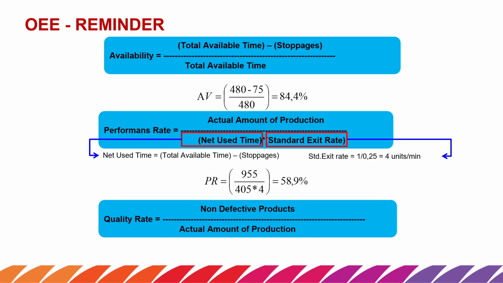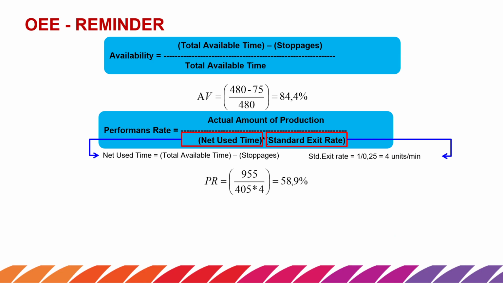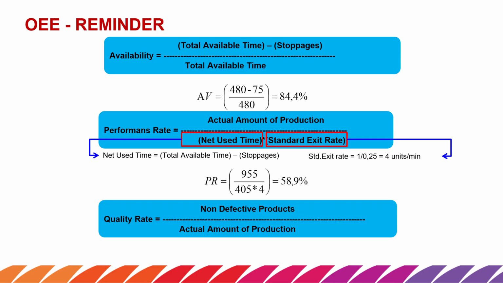So if the standard rate is 0.25 units per minute, then for 405 minutes, what number of units would have been produced?